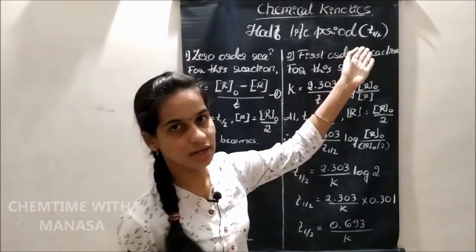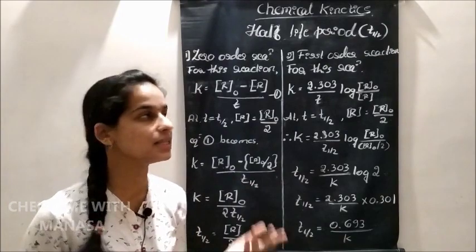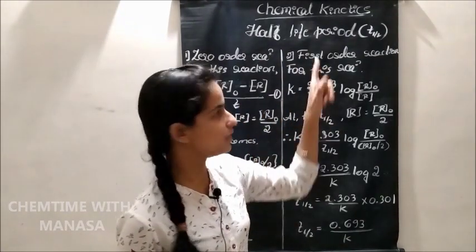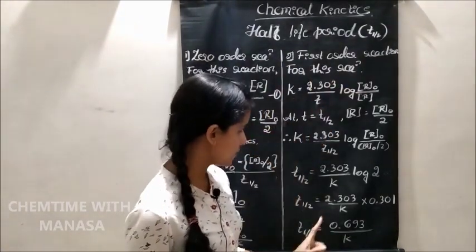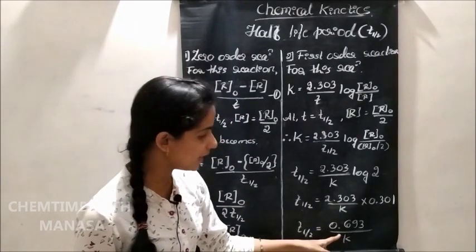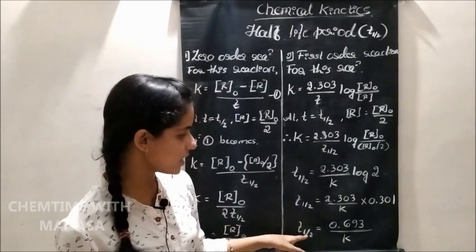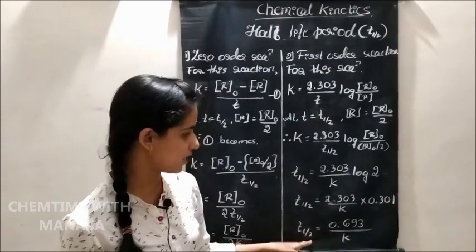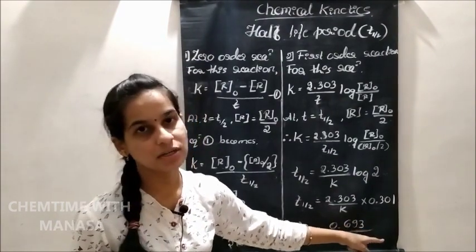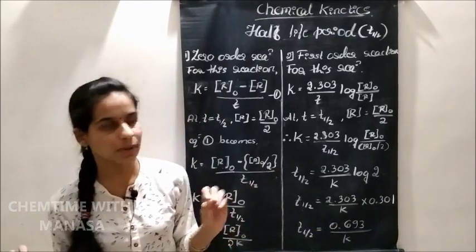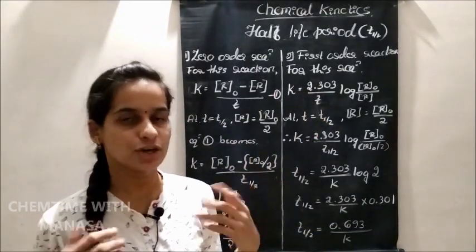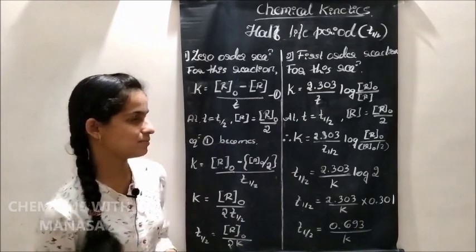Similarly, for a first order reaction, the question may ask: show that the half-life period is independent of the initial concentration, because in the equation of T half, there is no R naught term. So, you have to prepare these two equations. The question may come in two different ways.